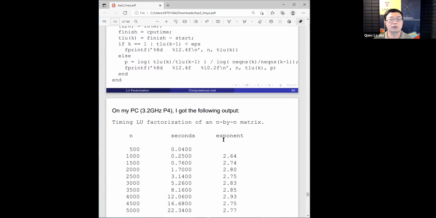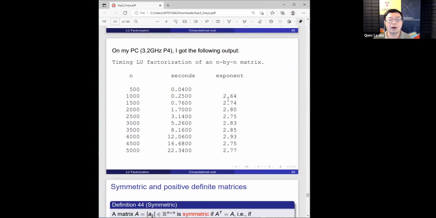It depends on your computer. In this case the exponent is about 2.6 something, but every time you run it could be different, because your computer can have many processes running at the same time. Theoretically we should get 3, but we never get exactly 3, so we get something close.